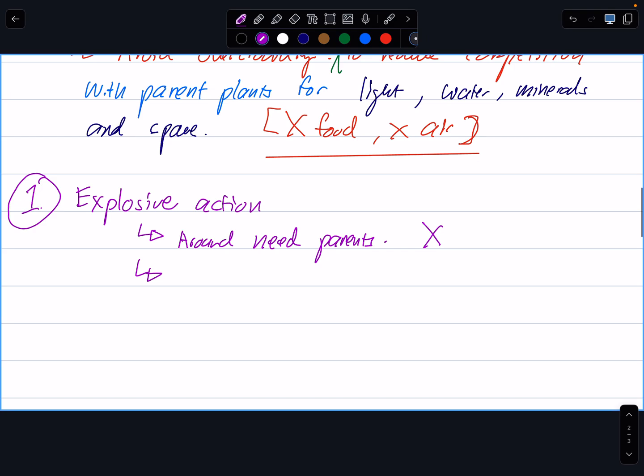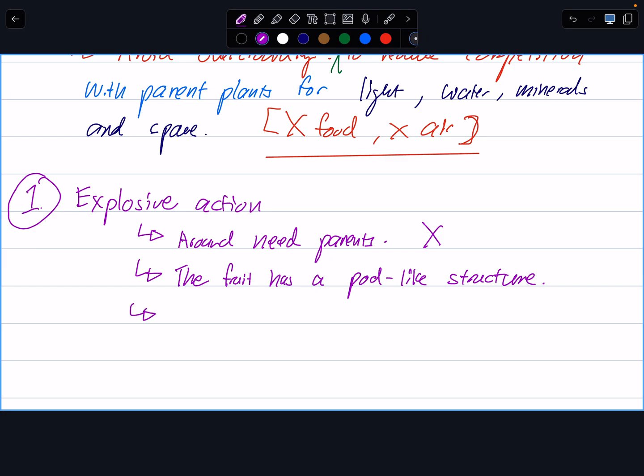Okay, the next thing that you need to know is that it has a pod-like structure. Okay, that's how you identify.